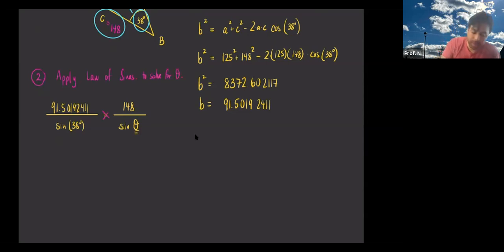Now when I cross multiply, I get 91.50192411 times sine of theta equals 148 times sine of 38 degrees. Again, I want to find theta, so I divide both sides by 91.50192411.